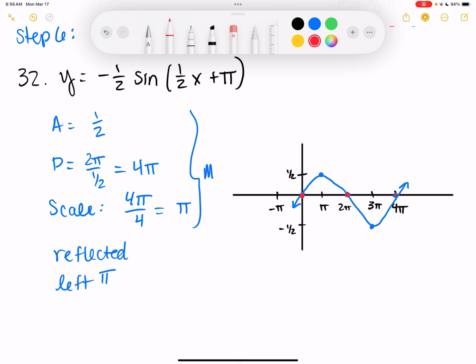So this point that's up here at 1/2 is now at negative 1/2, like a mirror. And this point that's down here at negative 1/2 is now at positive 1/2. And so coming down, up, and back down. So my red is my reflected graph.